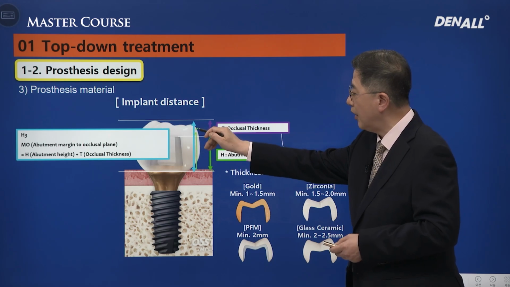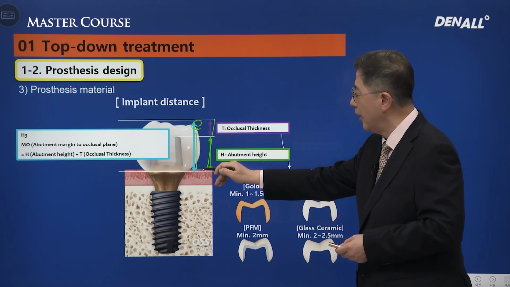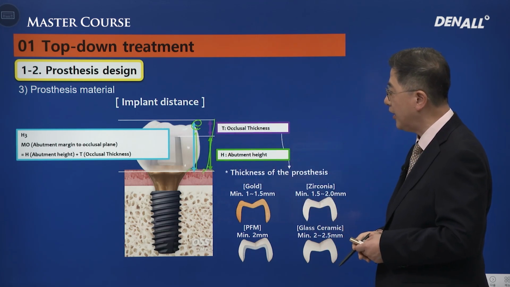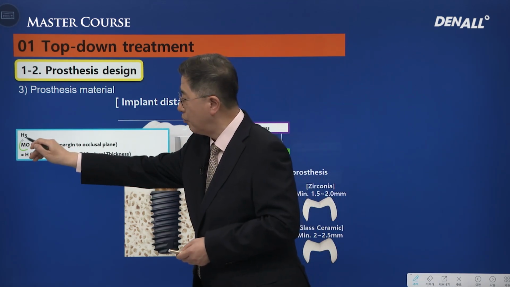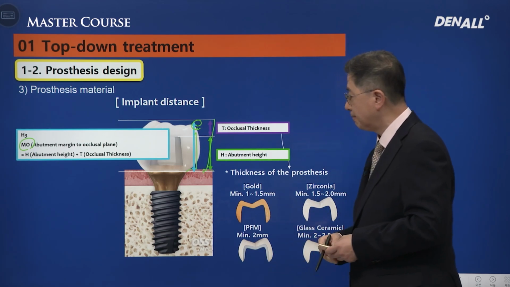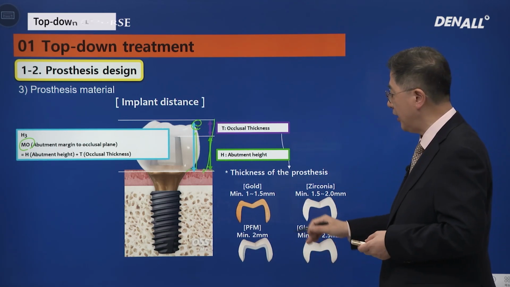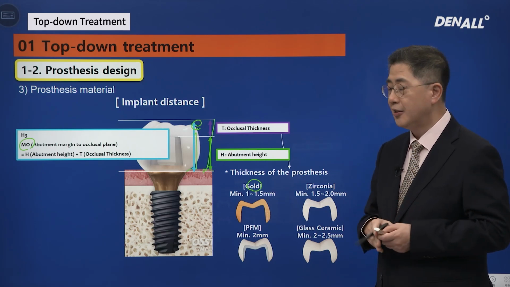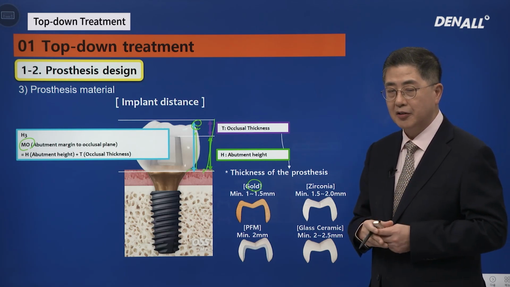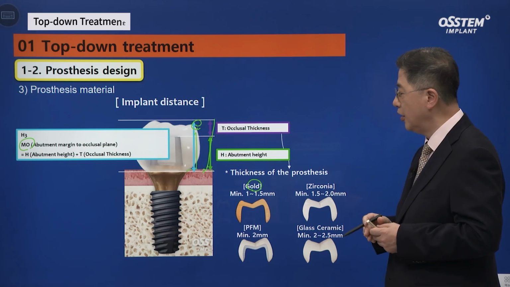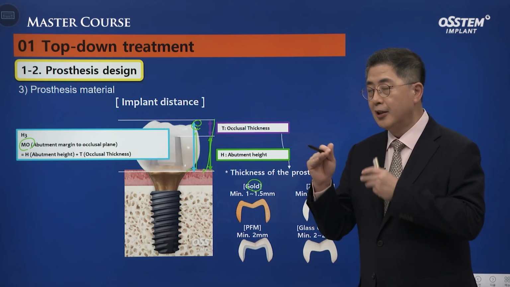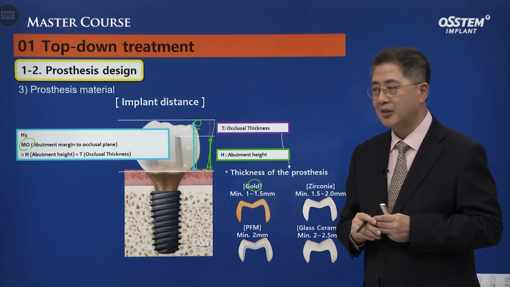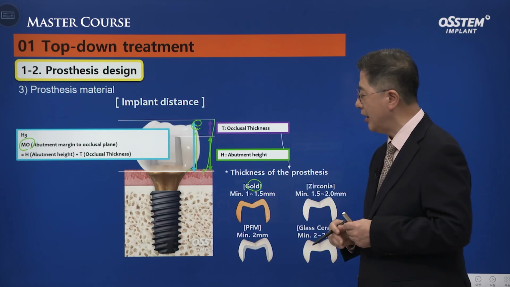From the abutment margin to occlusal plane, which is a combination of abutment height and occlusal thickness, these are the materials used. Personally, I like gold. As of late, it's very difficult to use and it's unaesthetic as well. However, when the space is minimum, at times you can utilize it.